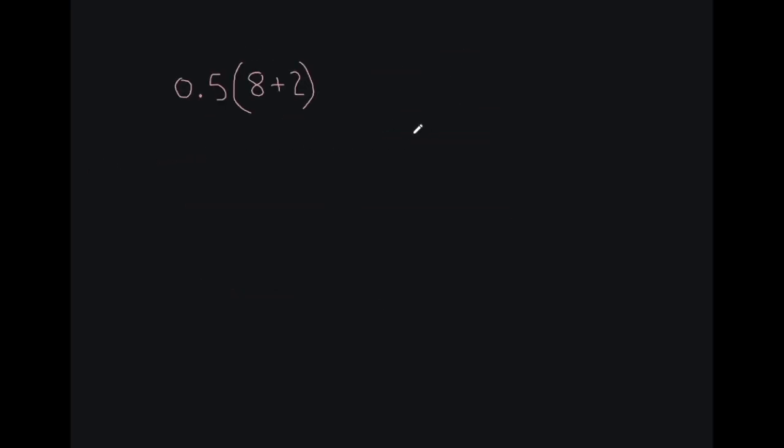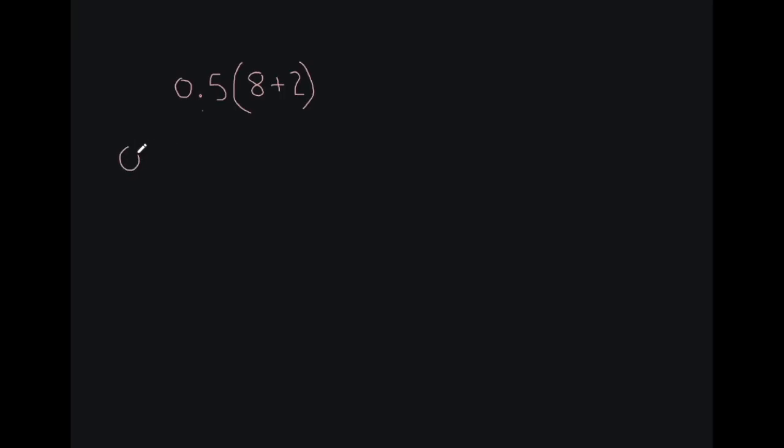Okay, we're going to take it up a notch with some decimals. So we have 0.5 times the quantity of 8 plus 2. Our outside multiplier is 0.5, which is also the same as 1/2. So let's distribute.